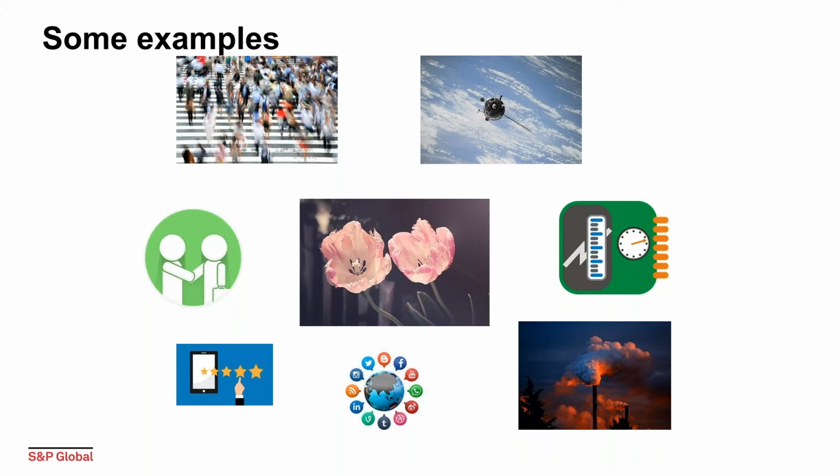Finally, I want to talk about this example of tulip flowers. So in Netherlands, a large amount of crop is about growing tulip flowers, right?